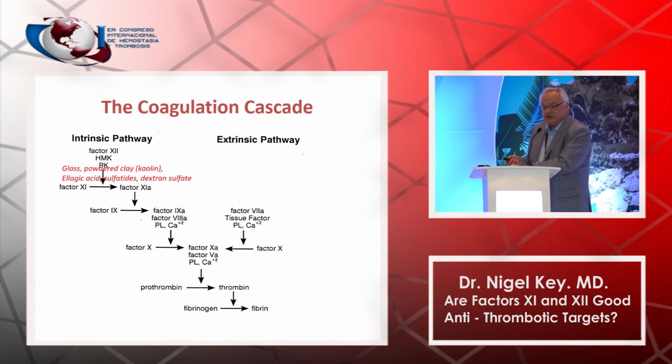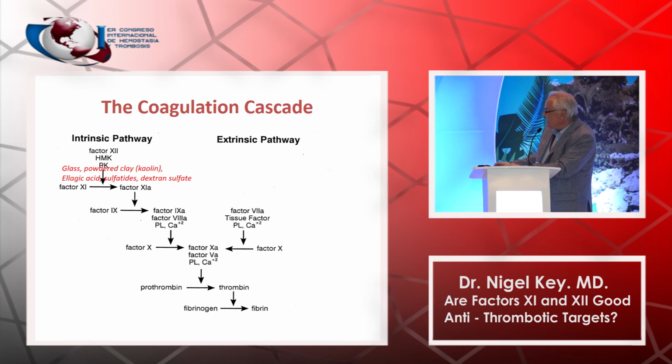So we all teach our medical students the very classical view of coagulation with the extrinsic and intrinsic pathways as two separate entities. And importantly, what we talk about when it comes to the intrinsic pathway is that it is triggered by exposure to highly negatively charged surfaces.